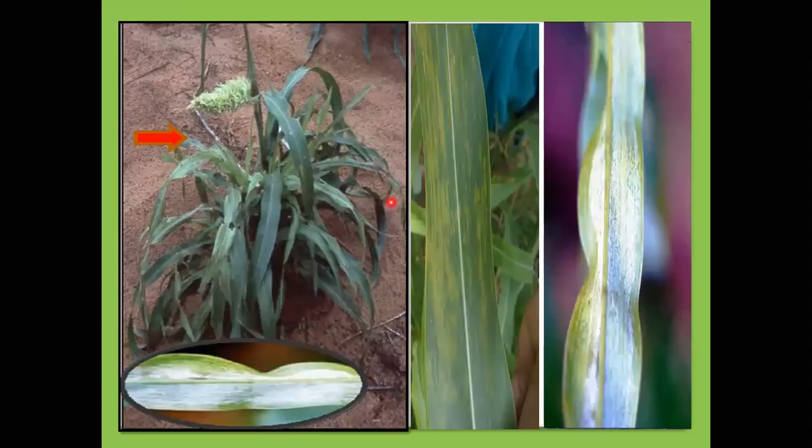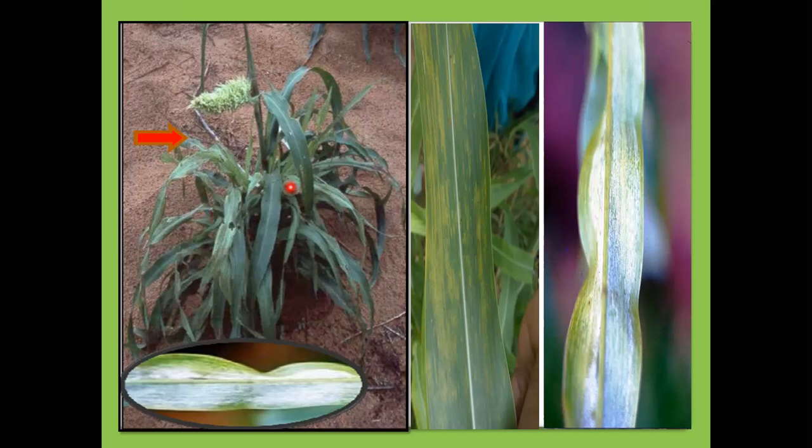Downy mildew infection is mainly systemic in nature. It means infection generally starts from the initial growth stage of the seedlings. So this infection mainly spreads from seedlings to well-developed plants, especially in earheads.